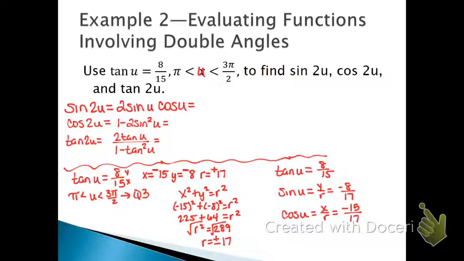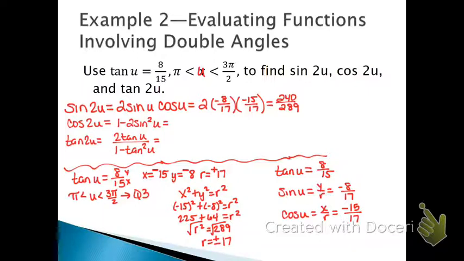So I'm going to go up to sine of 2u. You already told me it was 2 times sine of u times cosine of u. So it's 2 times, what is sine of u? Times what's cosine of u? We multiply those three numbers together and we get, give it to me as a fraction. Good.